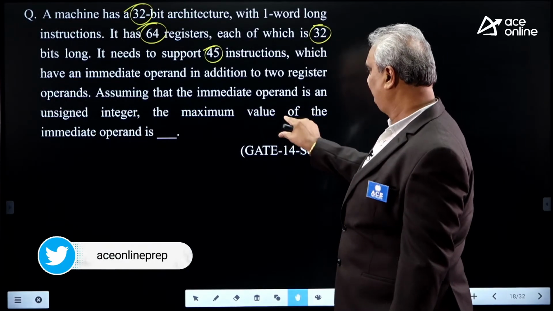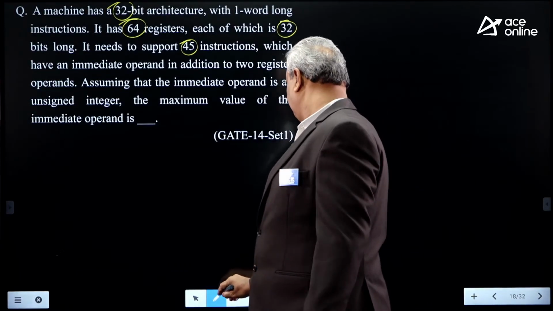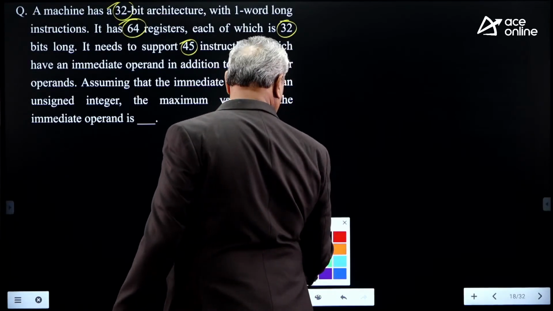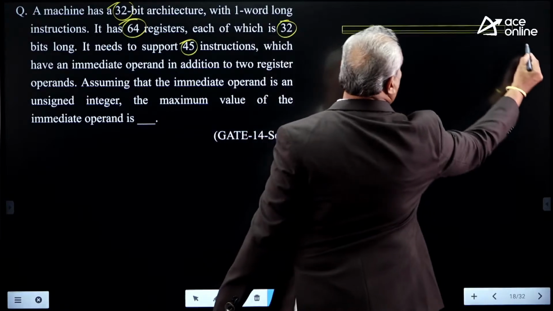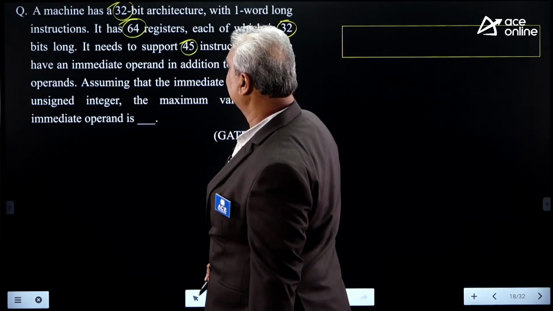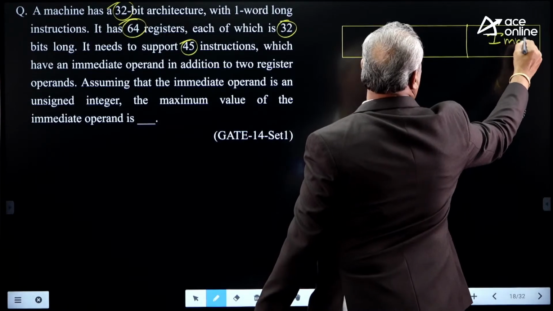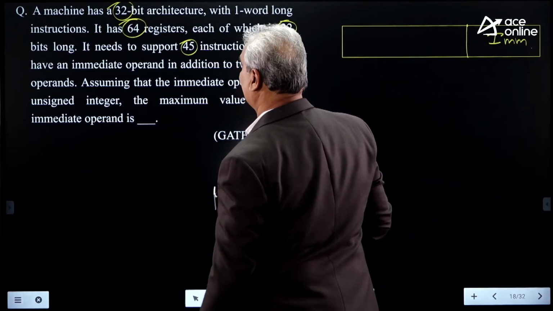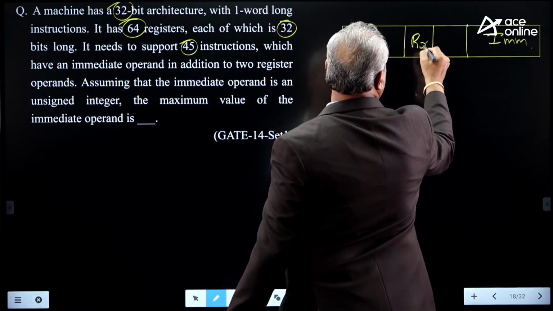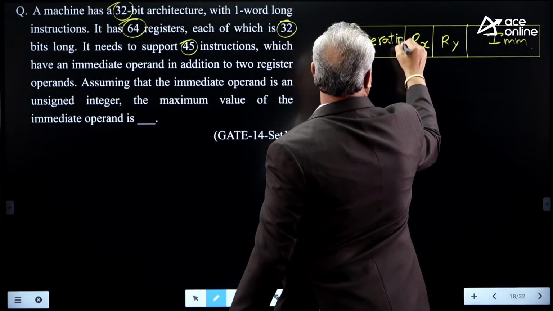Now look here. For this, what about the instruction format? He mentioned an immediate operand. Next, 2 register operands, means here Rx and Ry. Operation is compulsorily required for any instruction.